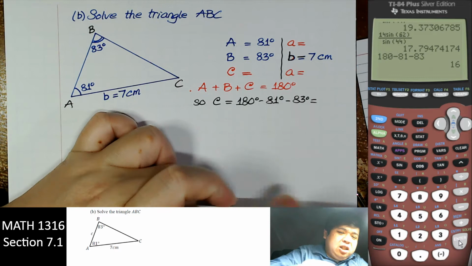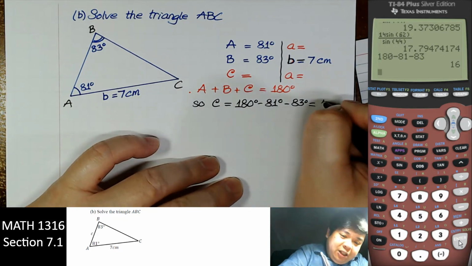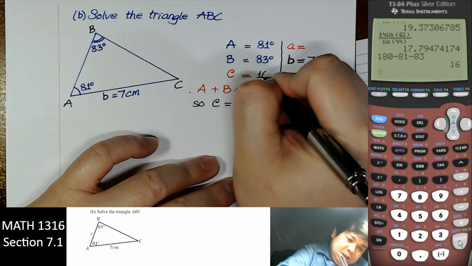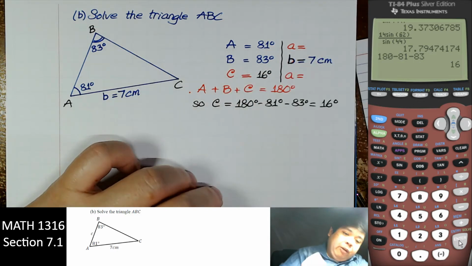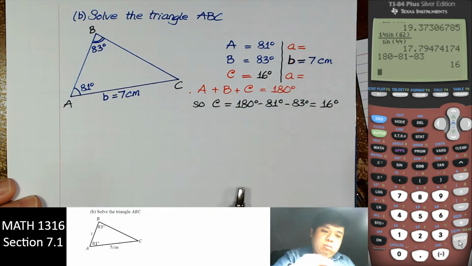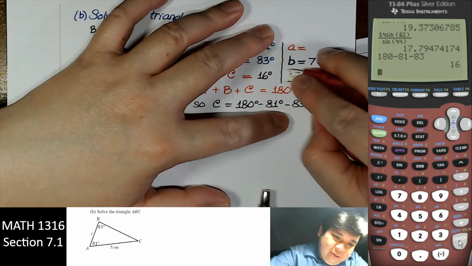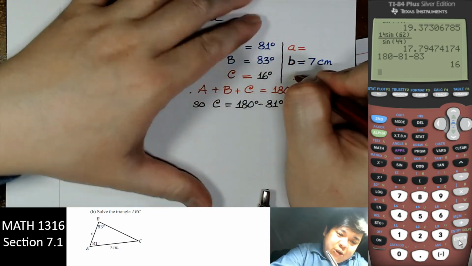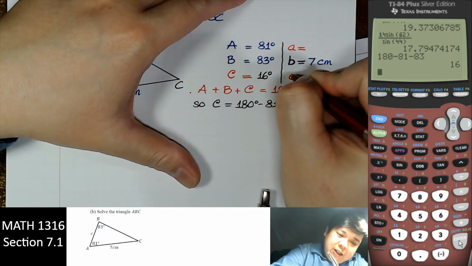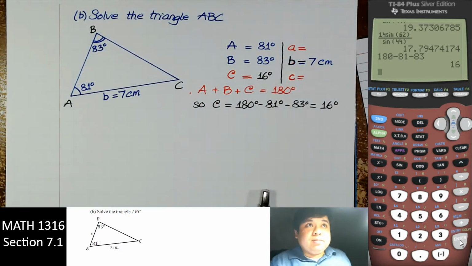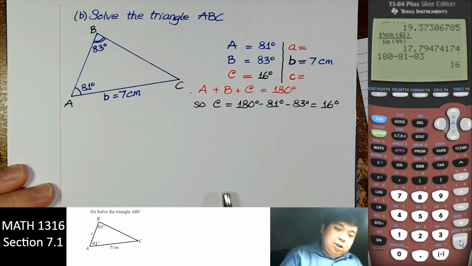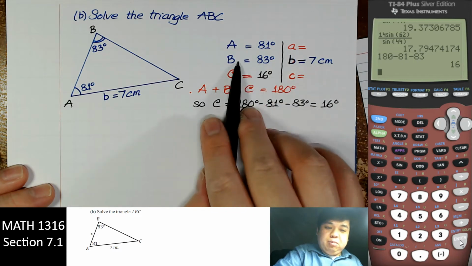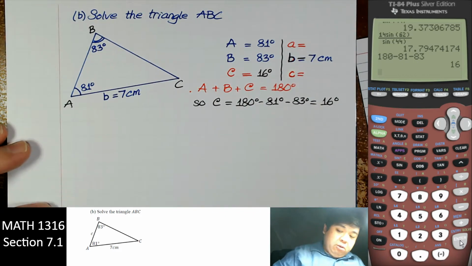So that's very simple. 16 degrees. Right, now we just need to find the sides a and c. So once again, knowing the opposite side and angle, big B, little b, that is the law of sines.